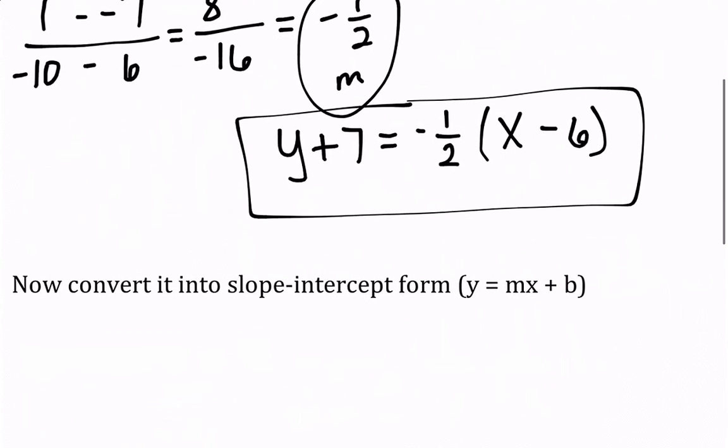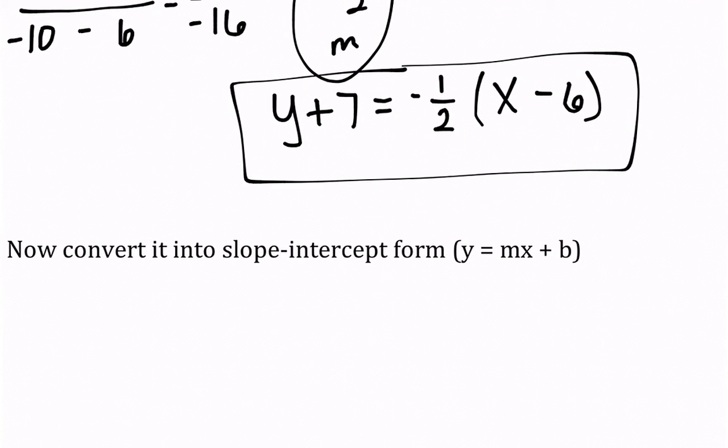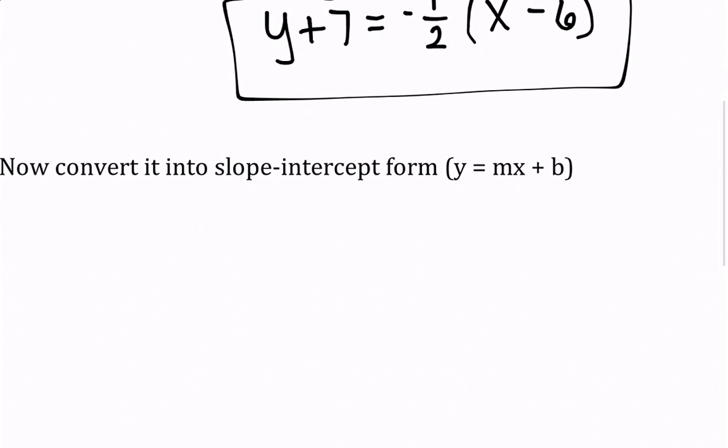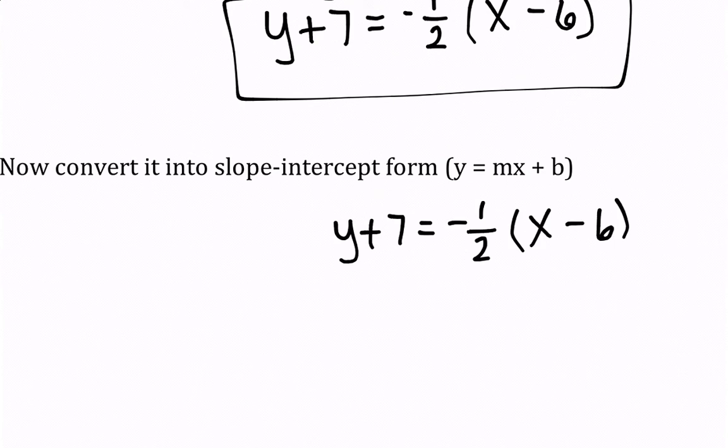So let's see what this equation in point slope form would look like as slope intercept form. So we're going to change it into y equals mx plus b. So I'm going to rewrite this. First step is I'm going to distribute, so negative 1/2 times x is a negative 1/2 x.